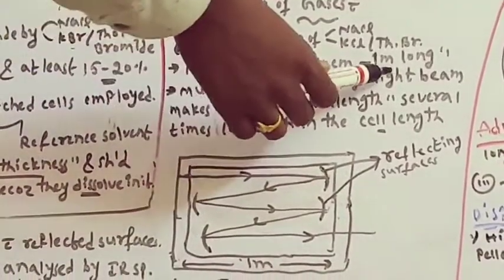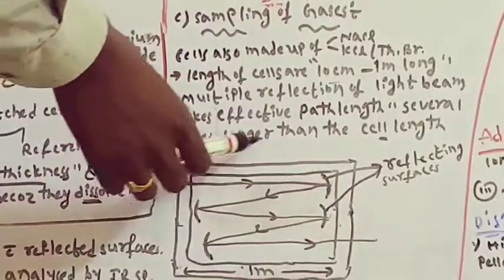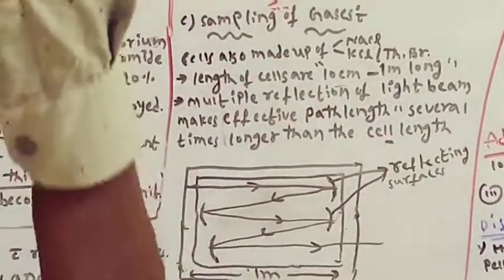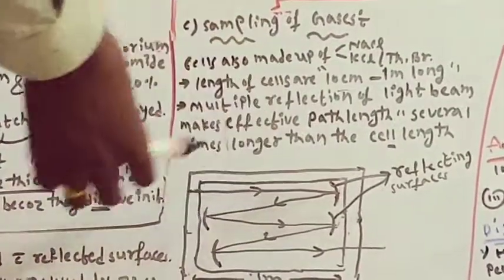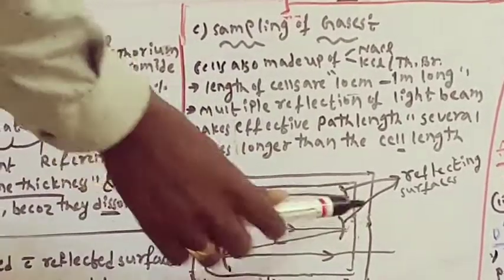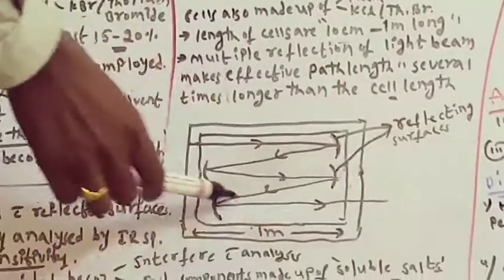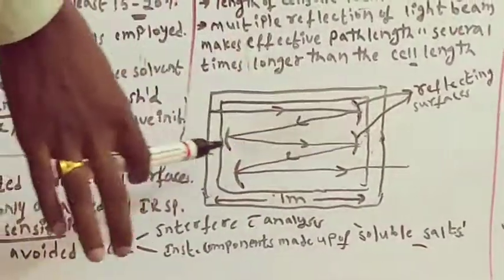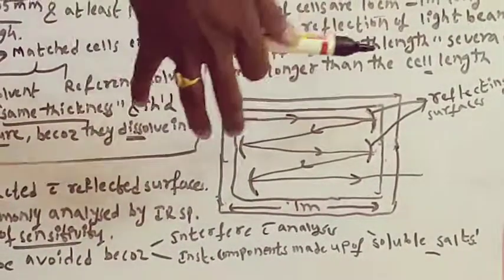Multiple reflections of the light beam make the effective path length several times longer than the cell length. You can see in this gas cell, reflecting surfaces are there, here this one and this one. In this cell we fill the gas sample.